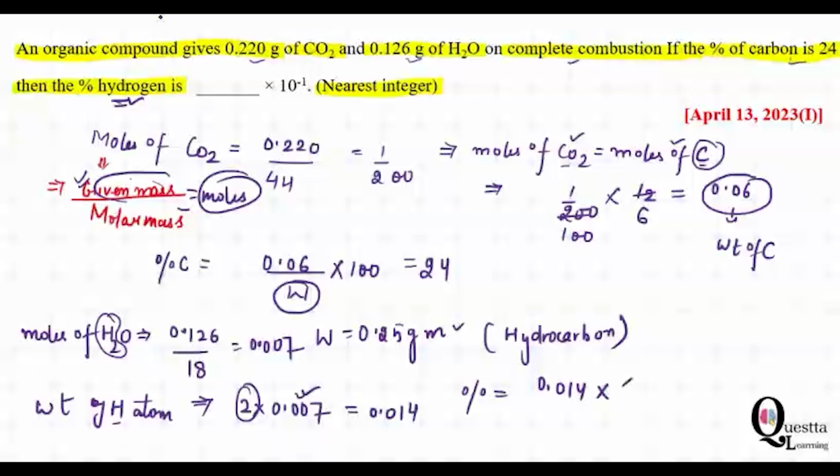Then we multiply it with 1 and divide it by the weight of the hydrocarbon, that is 0.25, into 100. So it comes out to be 5.6, or we can write it as 56 into 10 to the power minus 1. The question is asking about this 56 only, as the minus 1 is already given. So the correct answer is 56. Thank you. Hope you understood the solution.